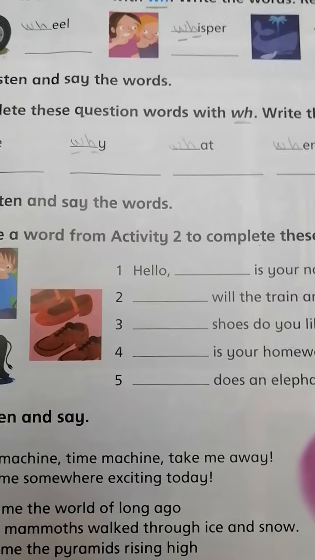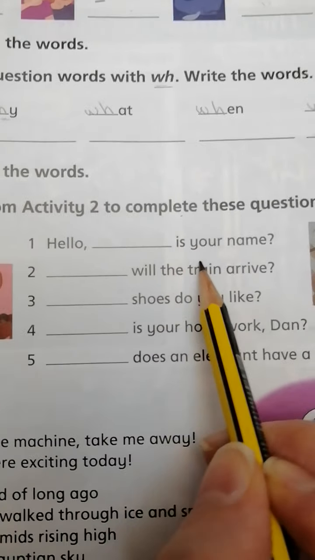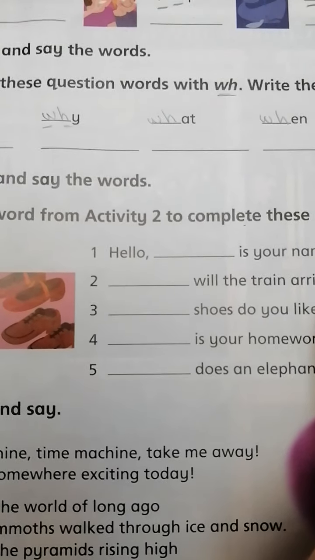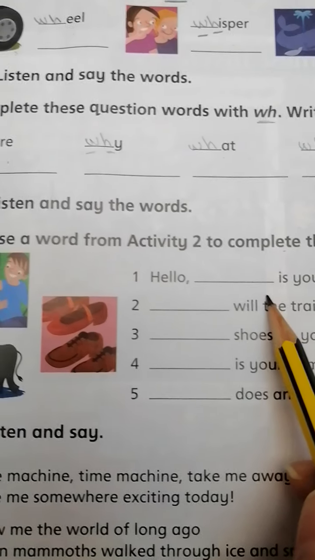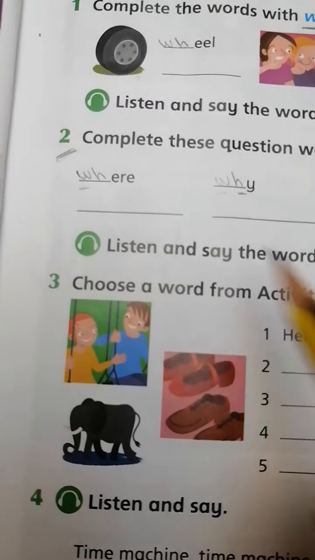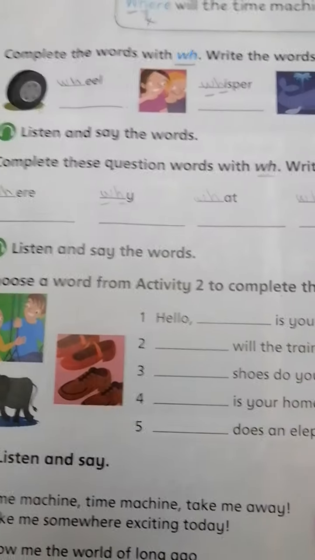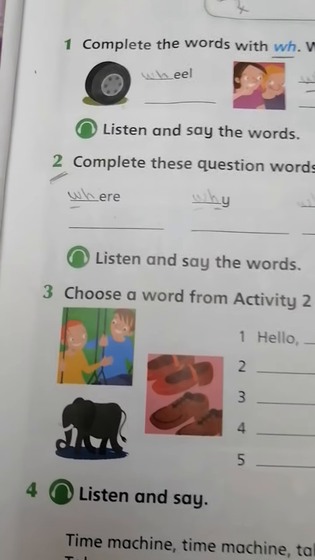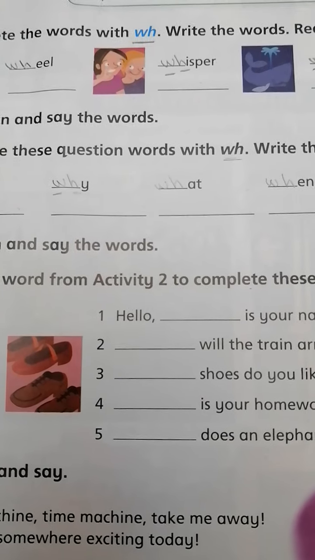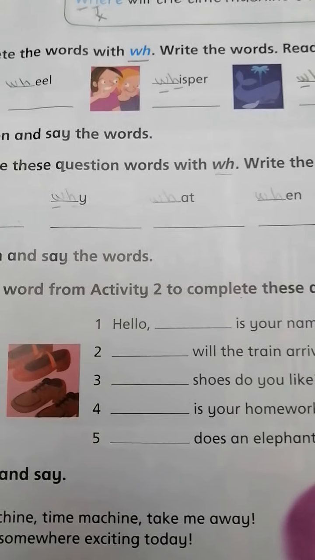The first one: "Hello, ___ is your name?" Who can tell me the answer here? We have to choose a word from the words from activity 2. When you want to ask your friend about his or her name, what will you say?